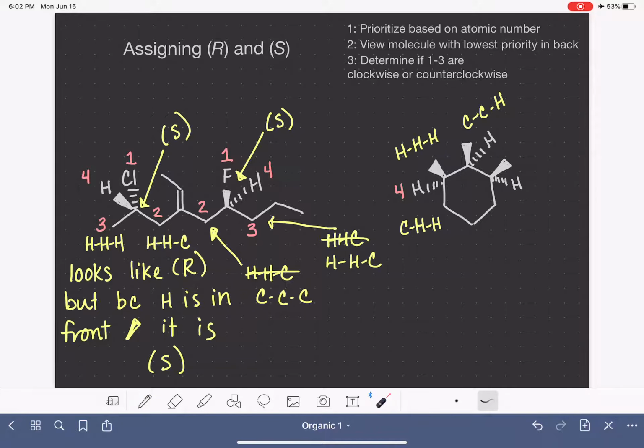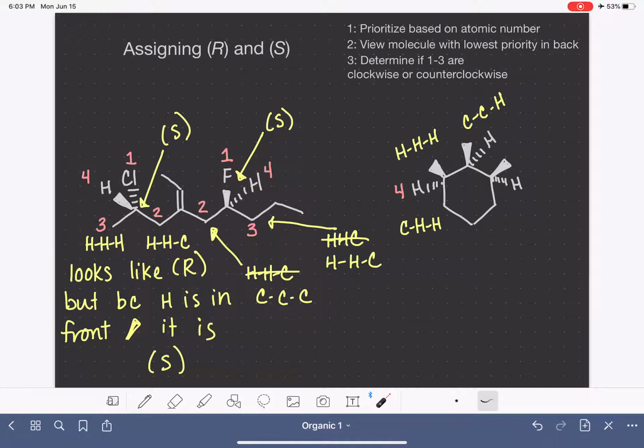Let's look at that again. We're looking at this carbon versus this carbon versus this carbon. This carbon has 3 hydrogens. This carbon has 1 carbon, 1 hydrogen, and 1 carbon. And this carbon has 2 hydrogens and 1 carbon. So we're comparing these 3 sets of atoms. We're looking for the highest atomic number.